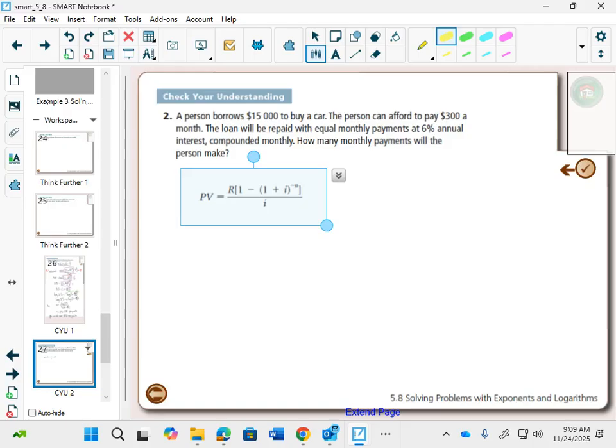Well, a person borrows $15,000 to buy a car, but you can only afford to pay $300 a month. Why do they have things like this in place? Well, often a person gets a job, right? And the job is going to pay them money.